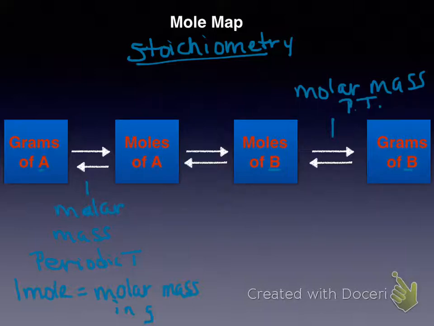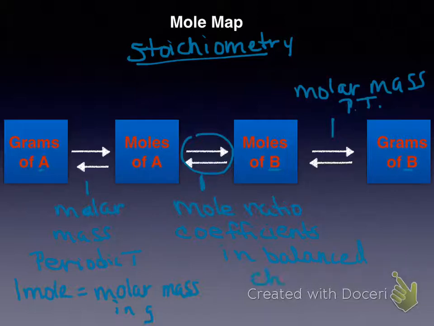The new step for us is this moles of A to moles of B. And when we want to convert from 1 mole of one substance to the moles of another substance, this is where we use that mole ratio that we've talked about in class. And the mole ratio comes from the coefficients in the balanced chemical equation.